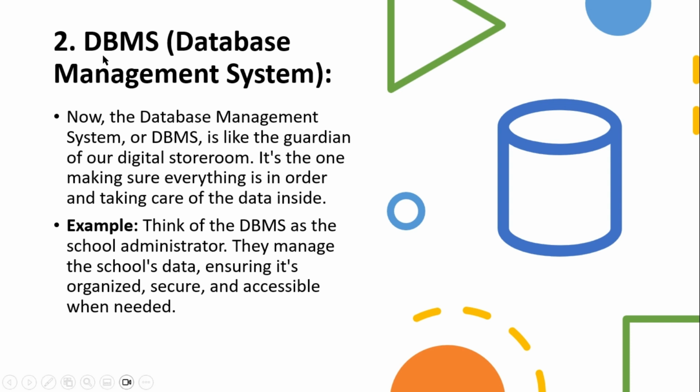So DBMS is a software that enables us to interact with our database. For example, think of your DBMS as a school administrator. They manage the school data, ensuring it's organized, secure and accessible when needed. So DBMS is a software. By using that software, we can do some operations with our database. So this is about database management system.